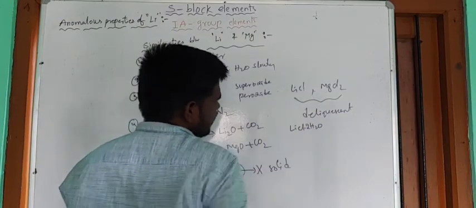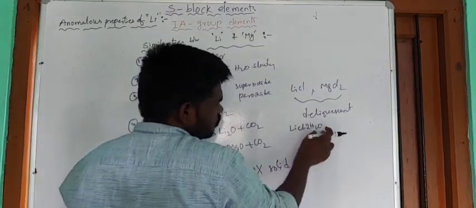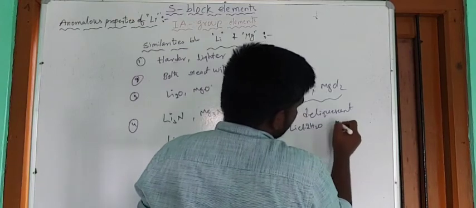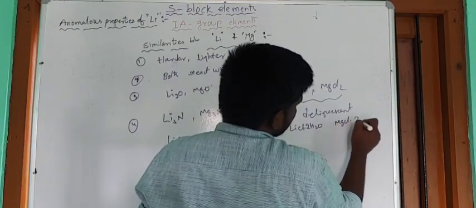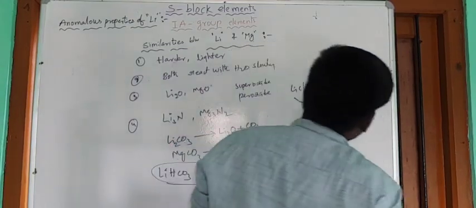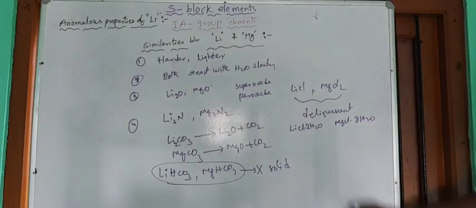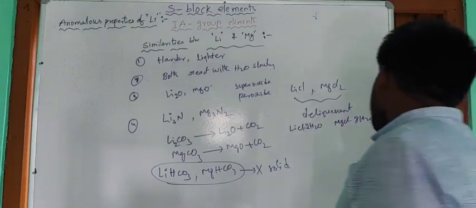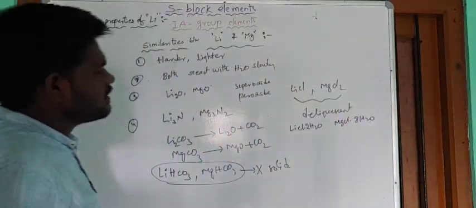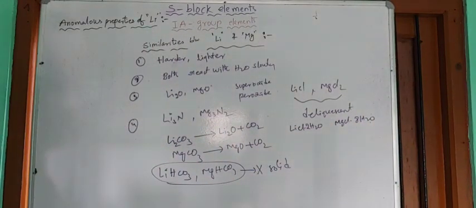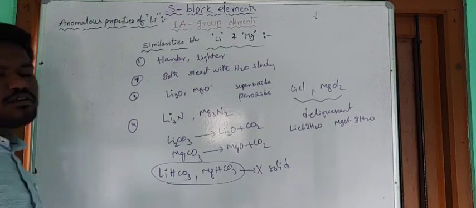LiCl, 1 unit associates with 2 water molecules, and MgCl2 associates with 8 water molecules. But remaining chlorides of the first A and second A groups won't show this kind of property. So right guys, this is about similarities between lithium and magnesium.